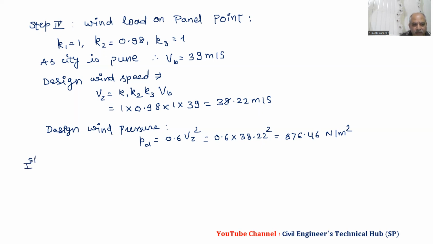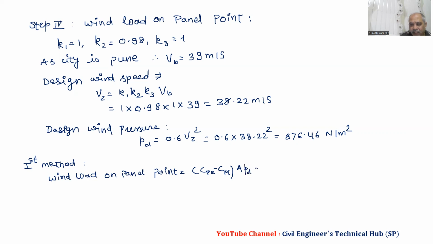This is same for both. So in the first method, wind load on panel point is equal to CPE minus CPI into A into PD.